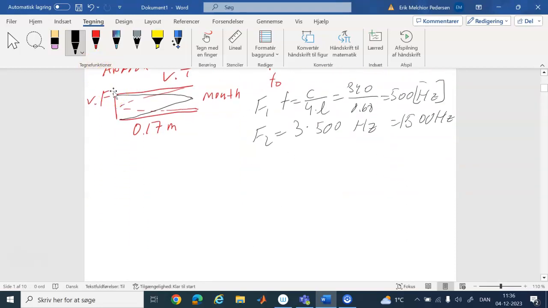So you can say the vocal tract is forming the spectrum from the vocal fold to a new spectrum, and it's formed like this. You can say the spectrum is like this.